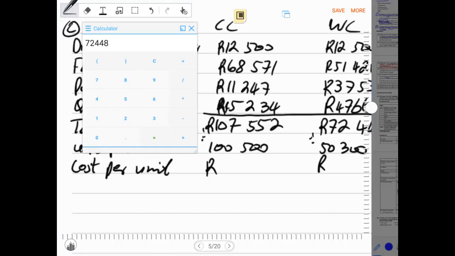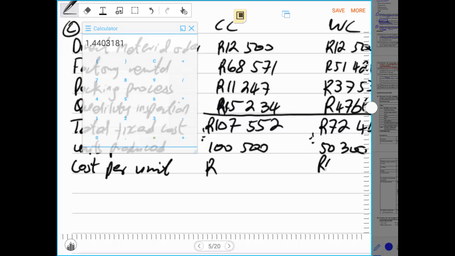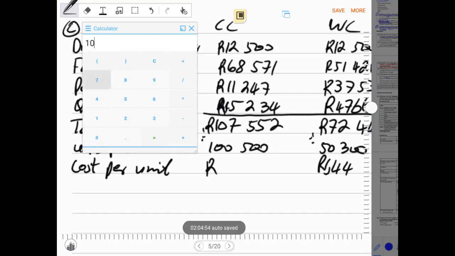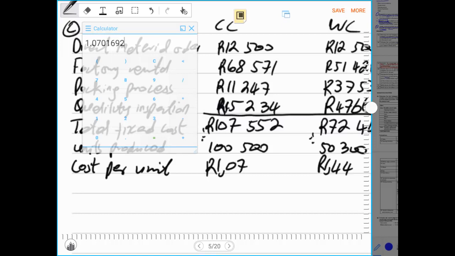So this will be 72,448 divided by 50,300, which gives me 1 rand 44 cents. For the first one, it's 107,552 divided by 100,500. This is 1 rand 7 cents.